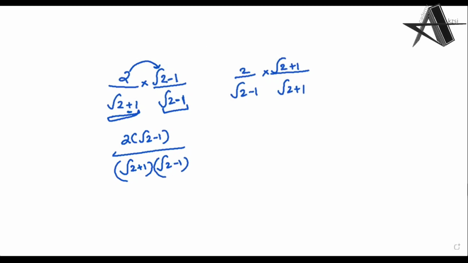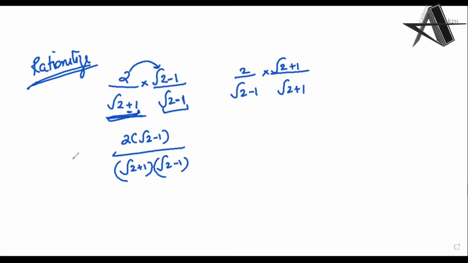Now you just have to expand it. You always have to change the sign. See, the question is rationalize. That means you have to change the sign. It's mandatory. Rationalization means you have to remove the denominator and you have to follow this step. You have to change the sign.